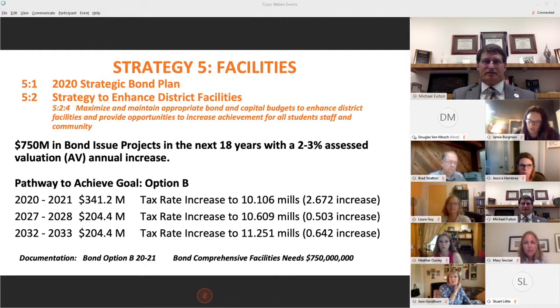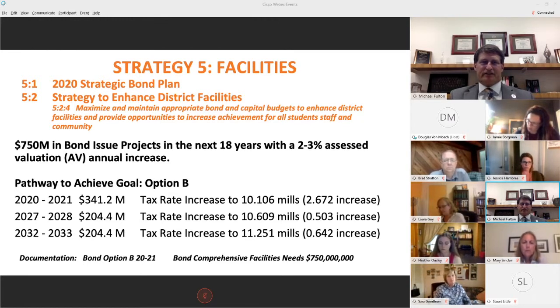Option B, which is also in our documentation, contains all of the projects of option A, but we added more in from that total list of 750 million. And as you can see, it does require a tax rate increase in each of the three phases.